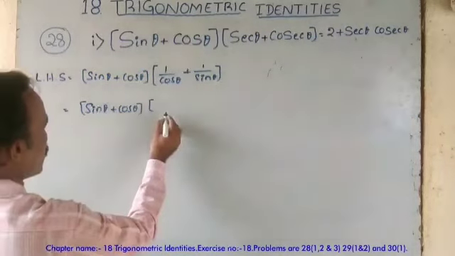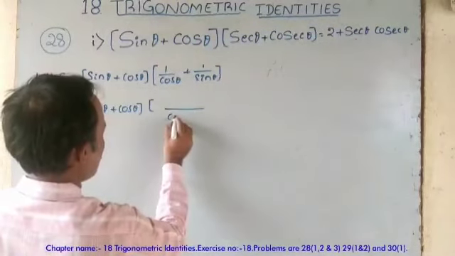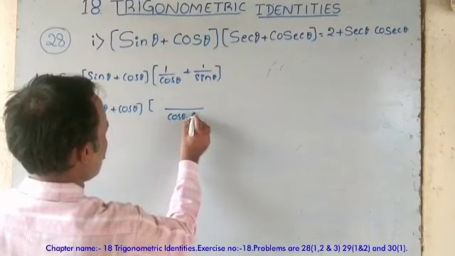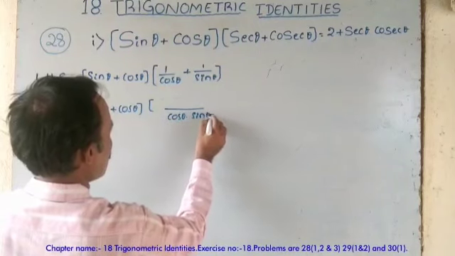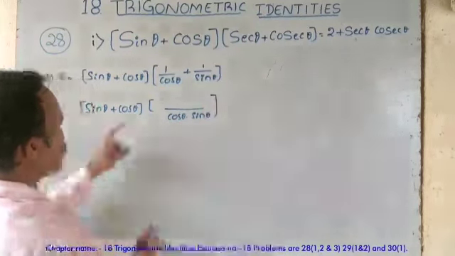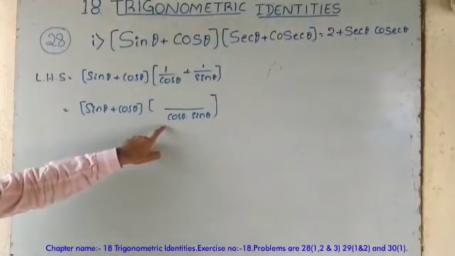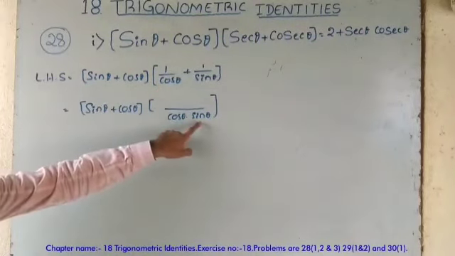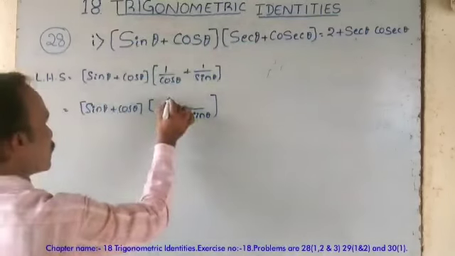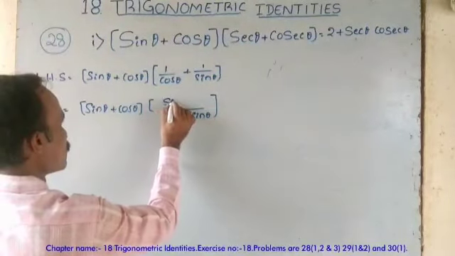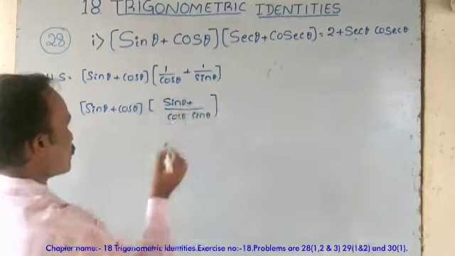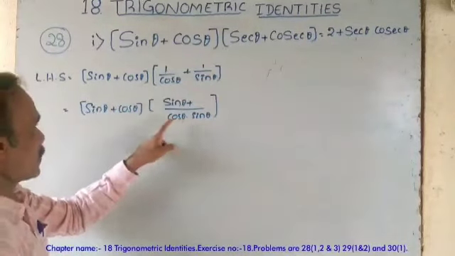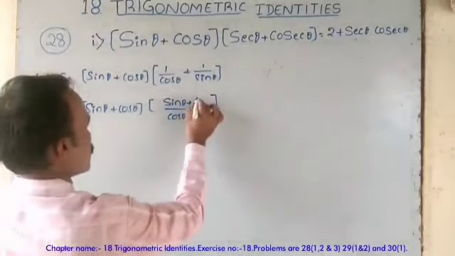Next, take LCM: cos theta into sin theta is the LCM. So cos theta cancels, remaining sin theta into 1, that is sin theta, plus sin theta cancels, remaining cos theta.